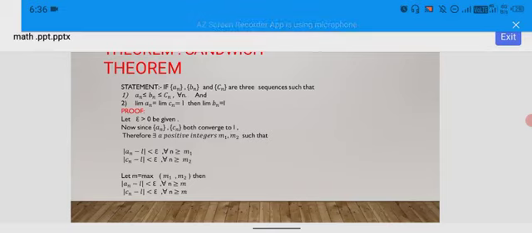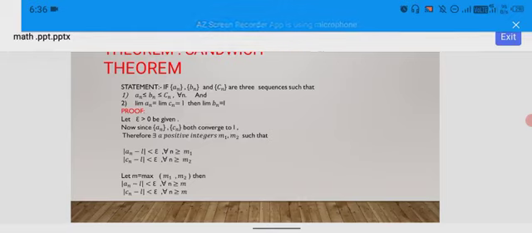Let us choose the maximum integer instead of m1 and m2, that is m equals maximum of m1 and m2. Hence we can write m instead of m1 and m2.